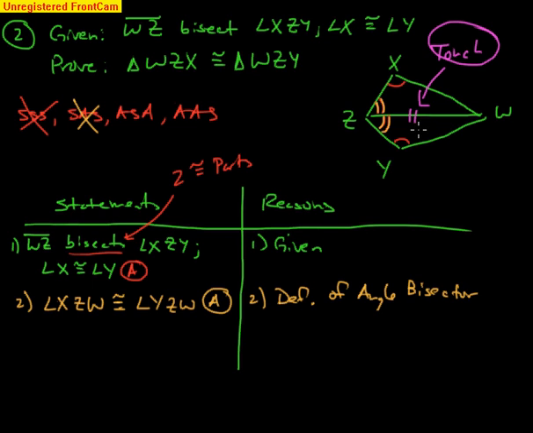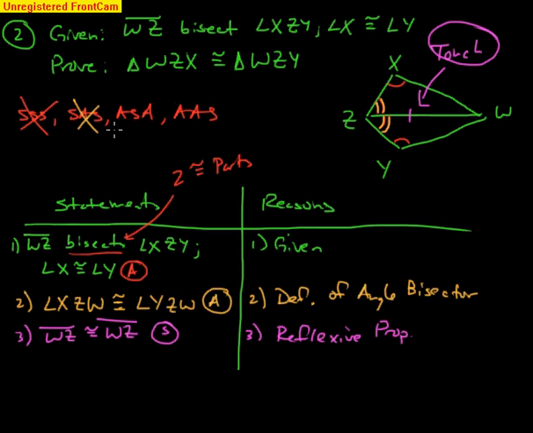They share WZ. Okay? WZ is congruent to itself because it's the same side in each triangle. Remember, when you look at each other, it's a reflection, so it's the reflexive property. Remember, I said you're going to use that a lot. And this is a side.